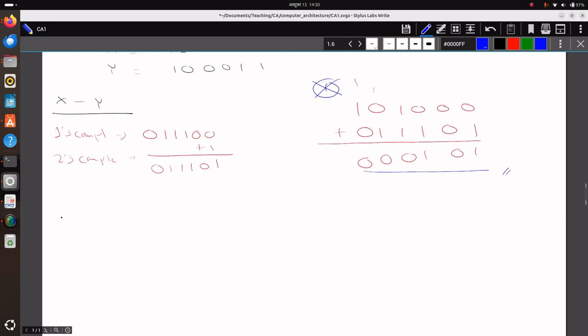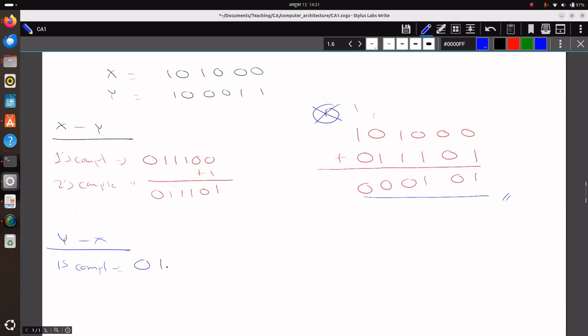But when we do y minus x, now we need to take the 1's complement of x, not y. So the 1's complement of x is going to be 0 1 0 1 1 1.